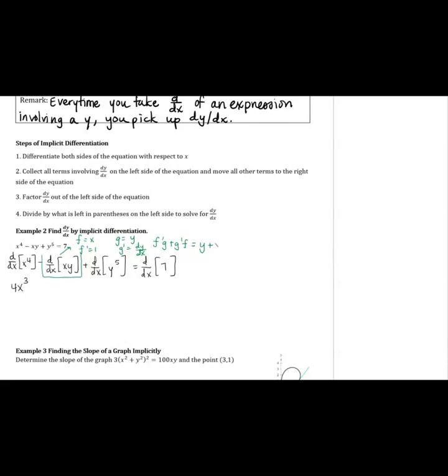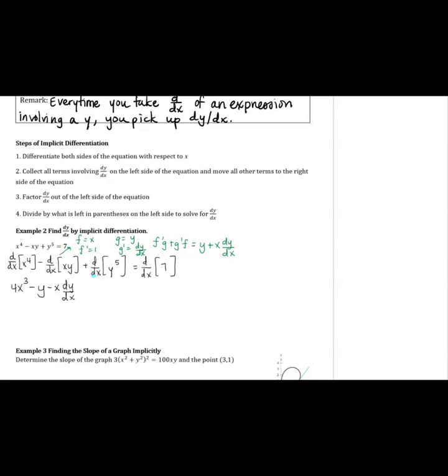So I'm adding x dy dx. So this is what we get for the derivative of xy. And please do note that it all needs to be subtracted because there's that minus sign in front of that. So we have a minus y minus x dy dx.